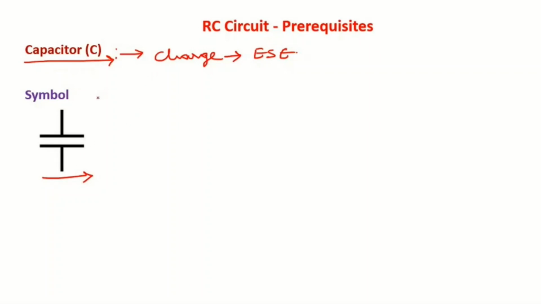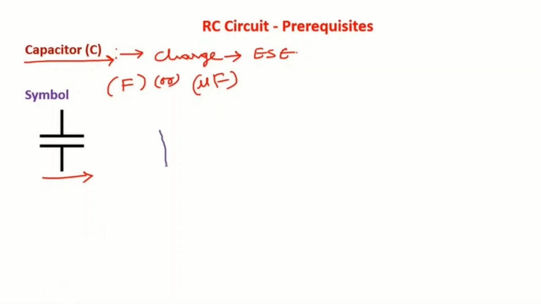Capacitance is measured in units of farad, represented by F, or most of the time we use microfarad to represent the capacitance of a given capacitor. And if you see the construction of a capacitor, it will be like this.